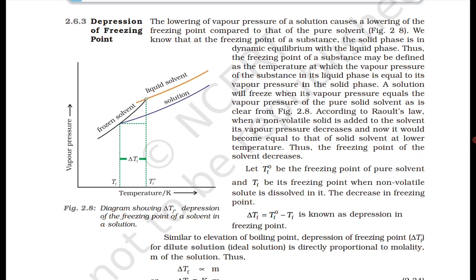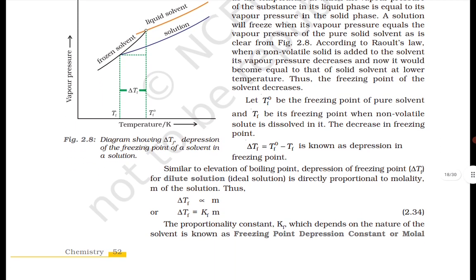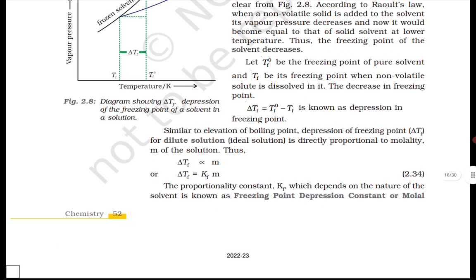A solution will freeze when its vapor pressure equals the vapor pressure of the pure solid solvent, as is clear from figure 2.8. According to Raoult's law, when a non-volatile solute is added to the solvent, its vapor pressure decreases, and now it would become equal to that of the solid solvent at a lower temperature.